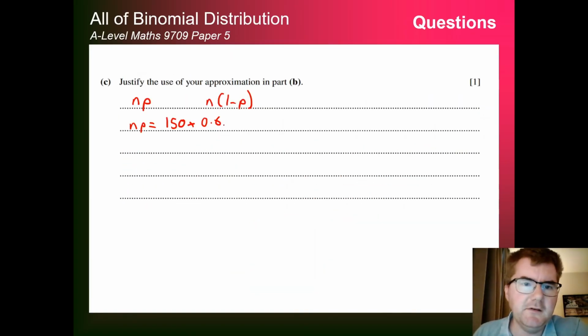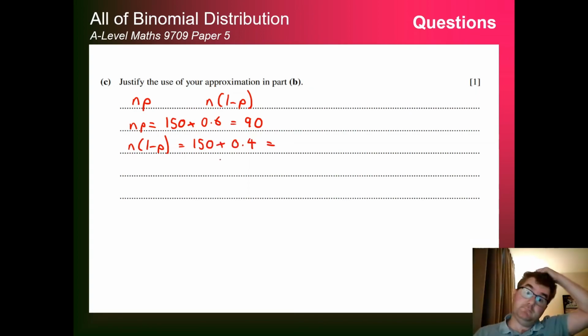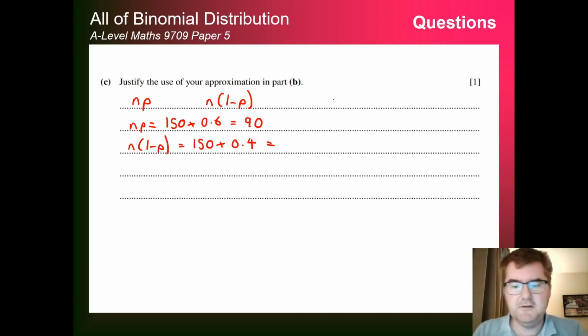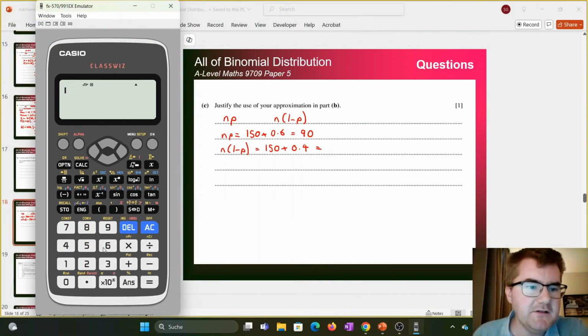So it's equal to 90. And n(1 minus p), or nq, this is sometimes known, 150 times 0.4. Oh, I should probably just use a calculator for this. But yeah, you need to show both np and nq, and particularly when the probabilities are quite close, then usually it's no problem, but you still need to check for the examiner.